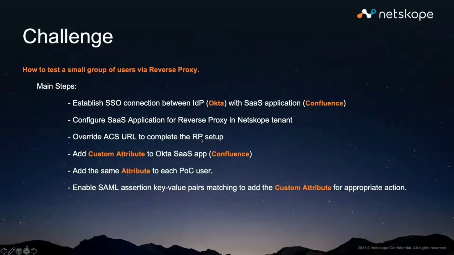From there, within the Okta tenant, as an administrator, you would introduce a custom attribute within the SaaS application, Confluence in my case. Using that specific custom attribute, we can then enable SAML assertion key value pair matching to isolate that specific group of users for the POC.